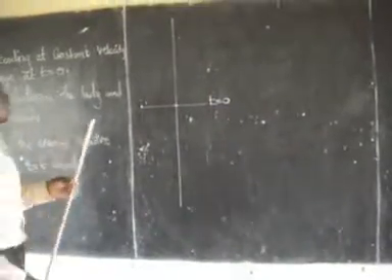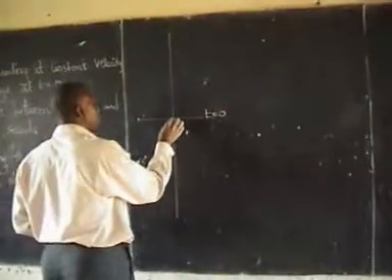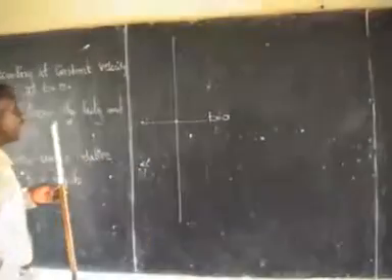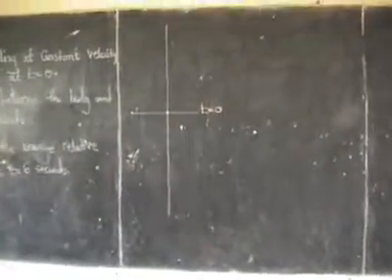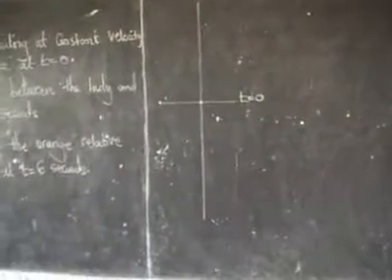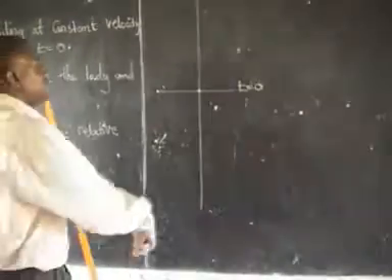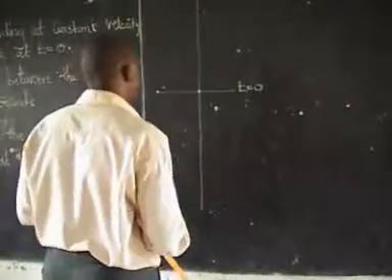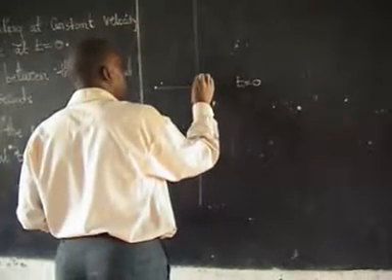Now when the lady drops the orange, it will turn into a body that has been projected vertically upwards with the initial speed of 6 meters per second, the speed with which the lady was also moving. So as the lady continues moving, also the orange.